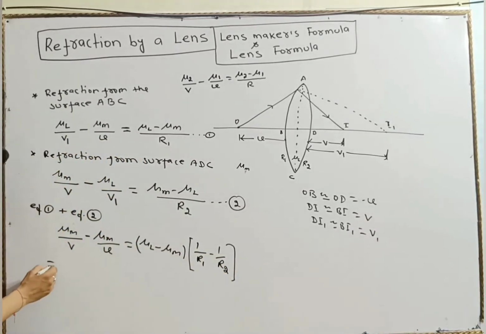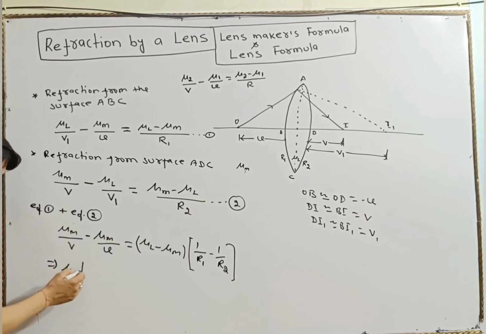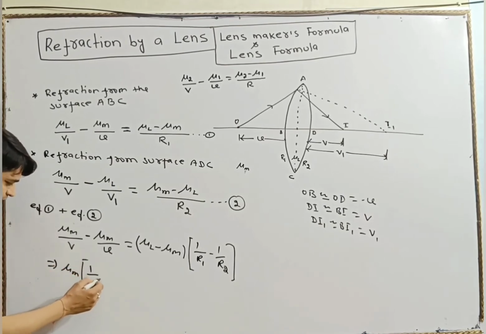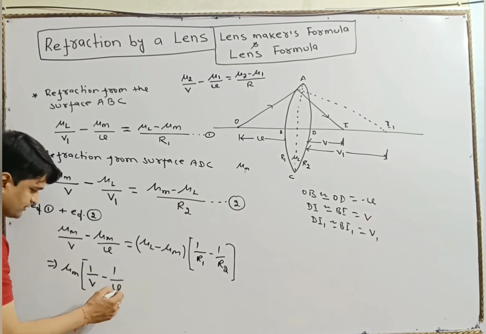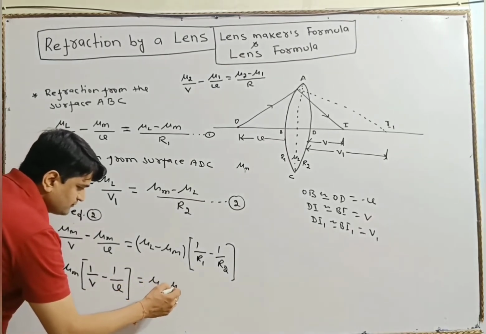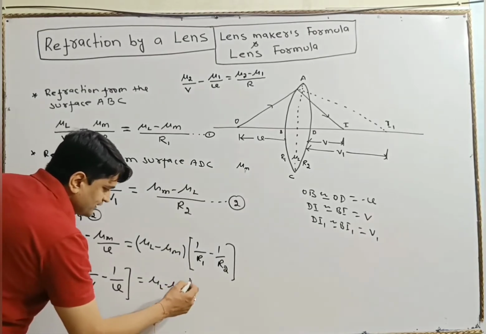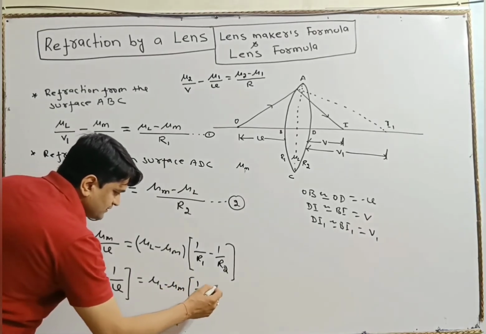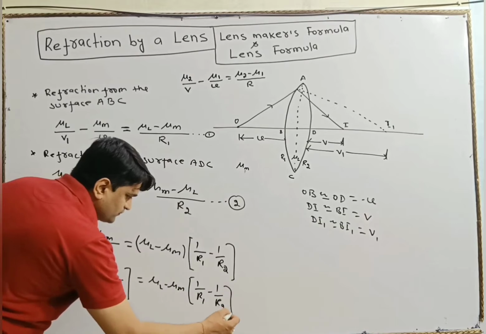Now mu M is common on the left, and it will be 1 upon V minus 1 upon U, and that is equal to mu L minus mu M into 1 upon R1 minus 1 upon R2.